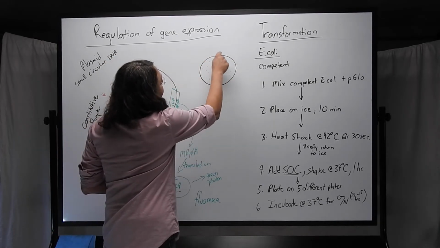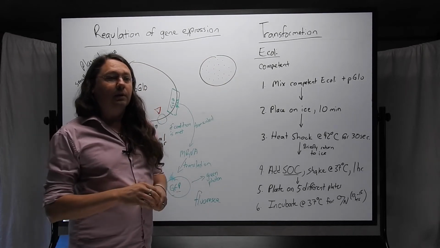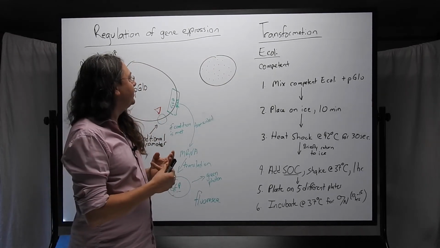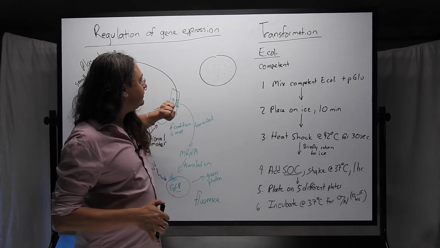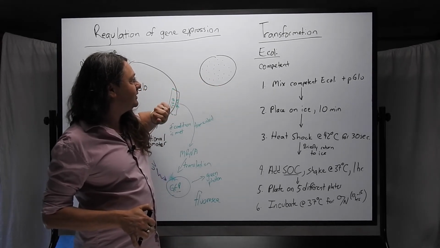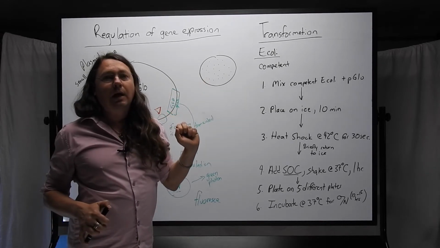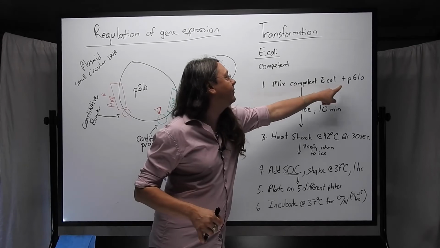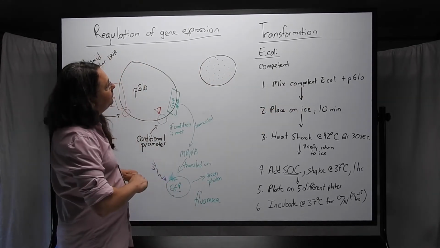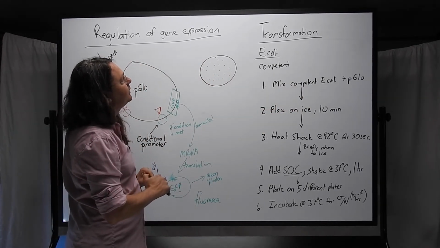And we can count these, and we record those numbers in our notebook, because we're going to use those numbers to talk about transformation efficiency, but also the effect of the amount of DNA on transformation. Okay, so there's going to be a couple of questions that we're going to discuss.